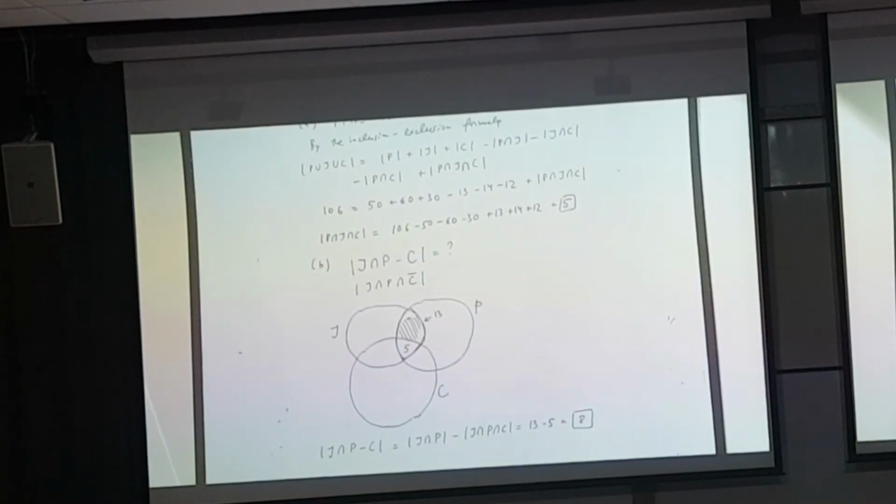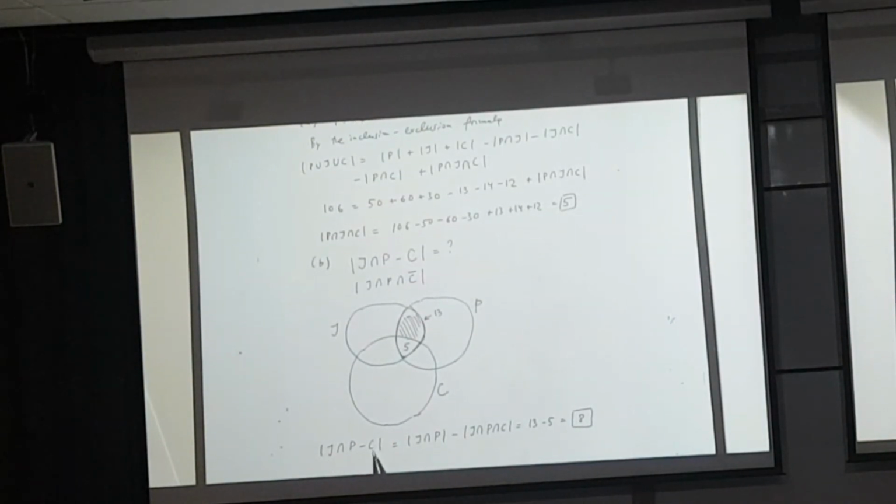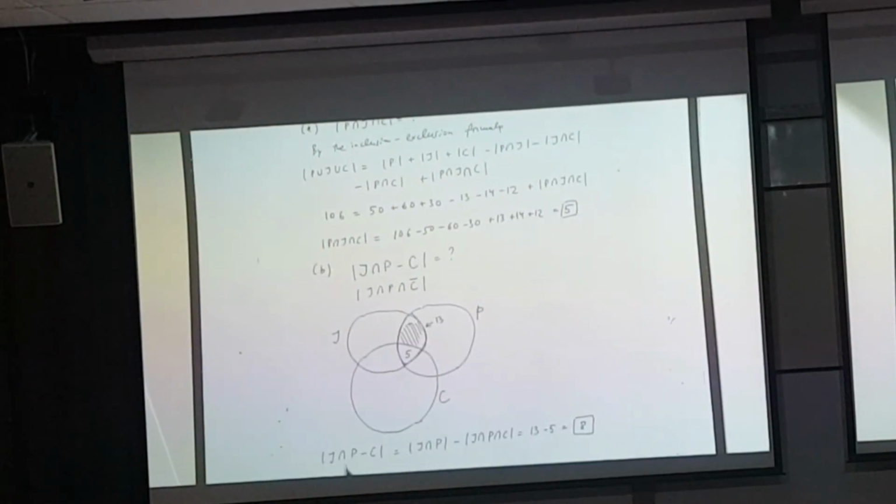Generalize to what? To this particular example? Yeah, of course, something is always true. If you have a double intersection, this is true for arbitrary 3 sets J, P, and C. This first part is always the number of elements in the double intersection minus the number of elements in the triple intersection.